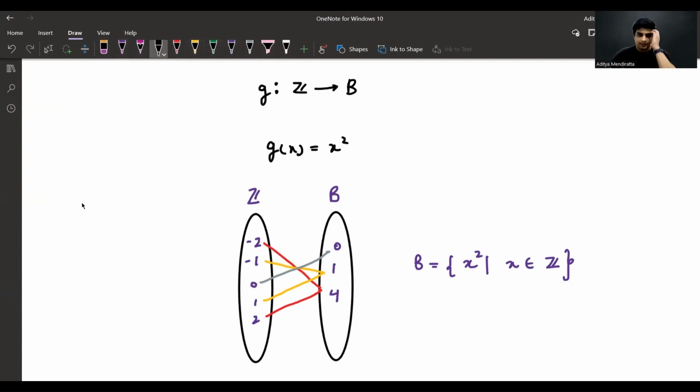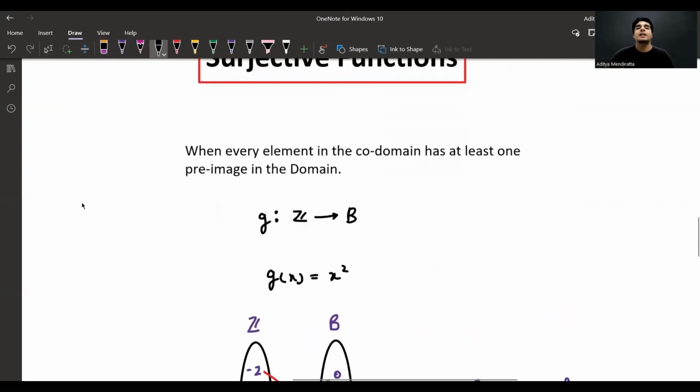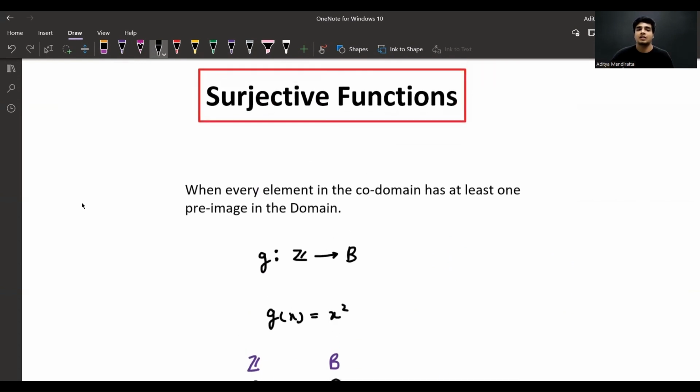Now this is a special type of function. These are very special types of functions which follow this very important condition where every element of the codomain has a pre-image in the domain set, and they are known as surjective functions.